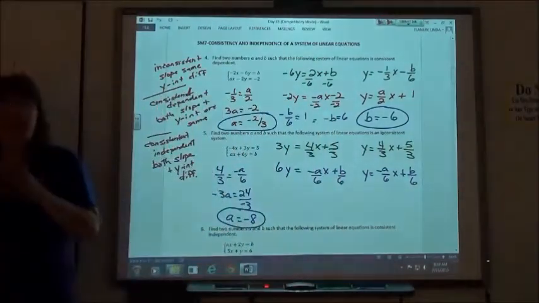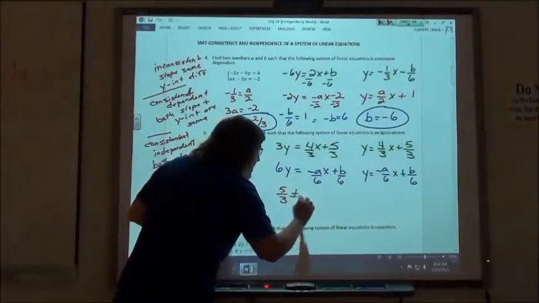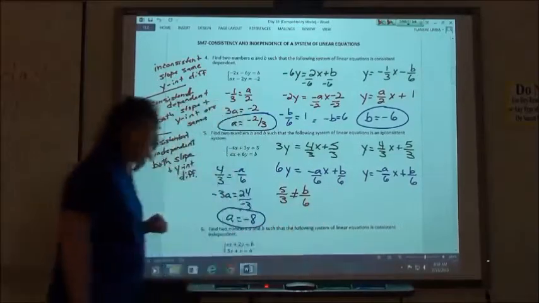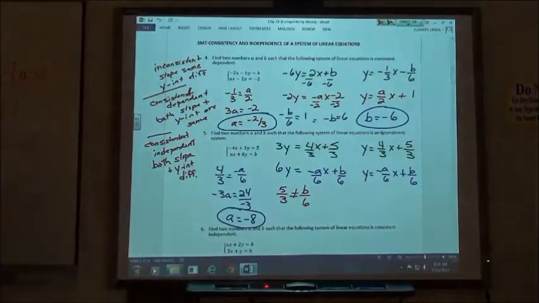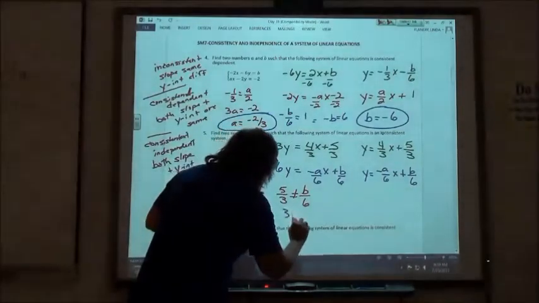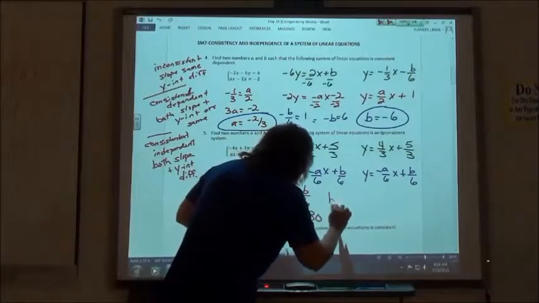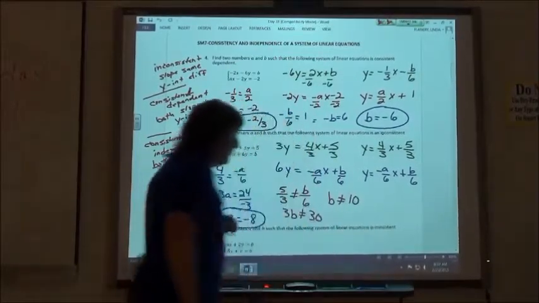For my y-intercept, I want 5/3 not to be equal to b over 6. And so 3b we don't want to be equal to 30, so b cannot be equal to 10.